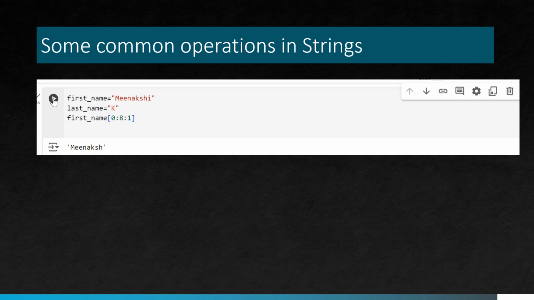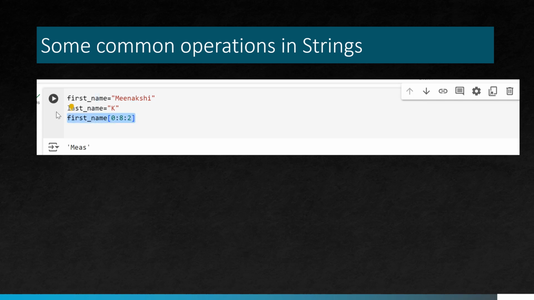I'll make it as 2 for easy understanding. So it will take ME, then the next 2 letters N, E, M, E, it will take the next 2 letters E, N, it is not taking, then it will take A, then the next 2, K and S, it is not taking, and it will take S. Okay, this is how you slice a string.